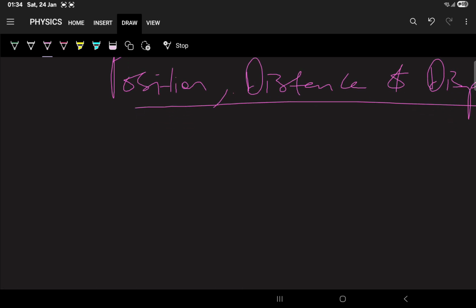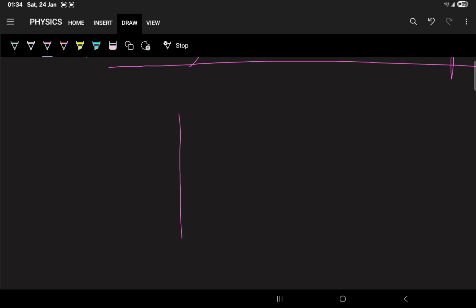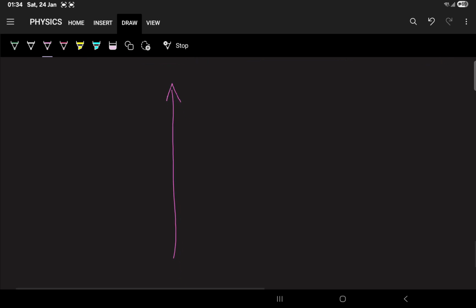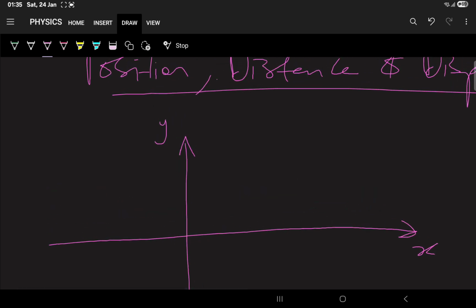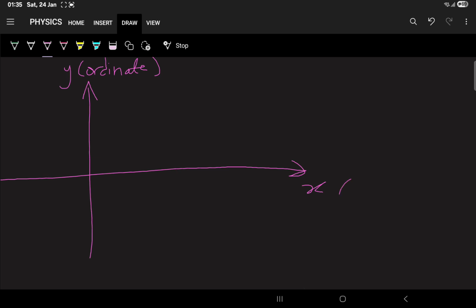Using the illustration of a graph, here we have the y-axis and here we have the x-axis. The y-axis is also known as the ordinates, and the x-axis can also be referred to as the abscissa.